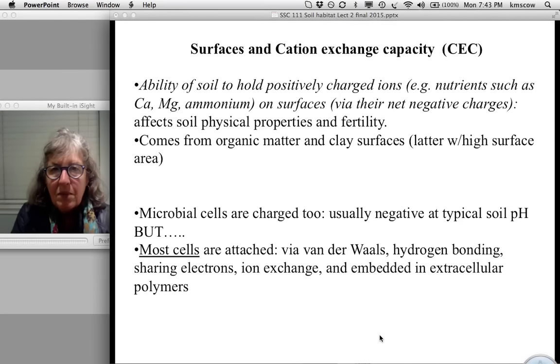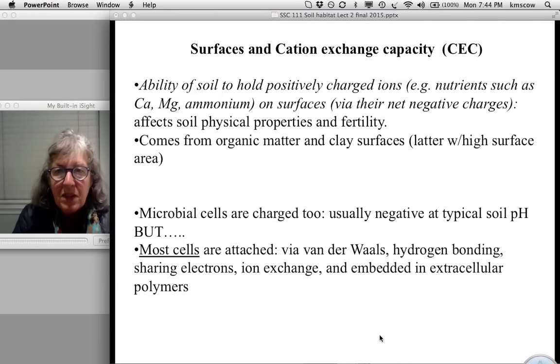So talking a little bit more about those surfaces, and particularly about clay surfaces, that ability to hold positively charged ions, and this includes a lot of important nutrients, calcium, magnesium, ammonium, on surfaces, is the cation exchange capacity, and that's by interactions with the net negative charge that is associated with a clay surface.